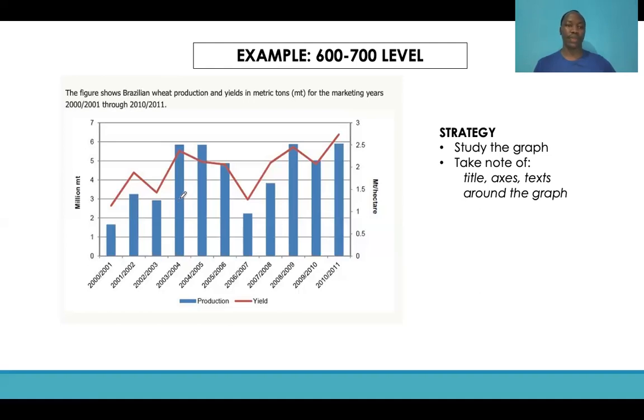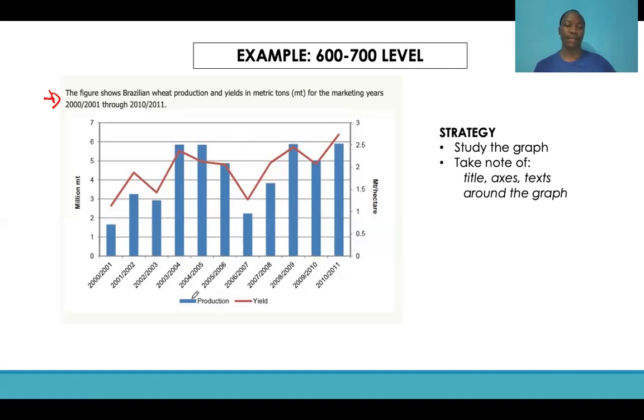First, take note of the titles, like the title of this question: the figure shows Brazilian milk production and yields in metric tons for the marketing years 2000-2001 through 2010-2011. We have a bar graph that indicates metric tons in millions, and a line graph that shows metric tons per hectare.